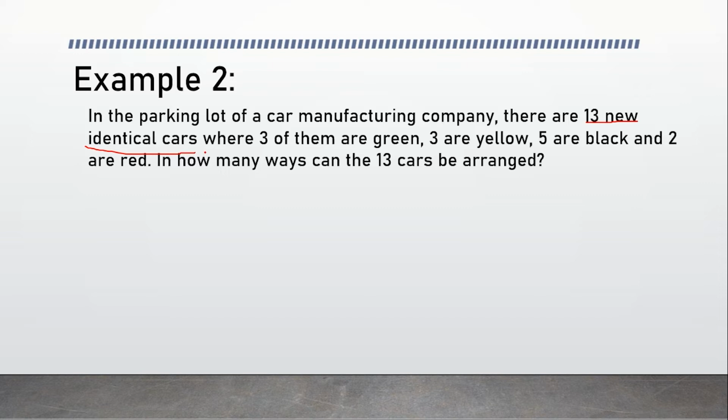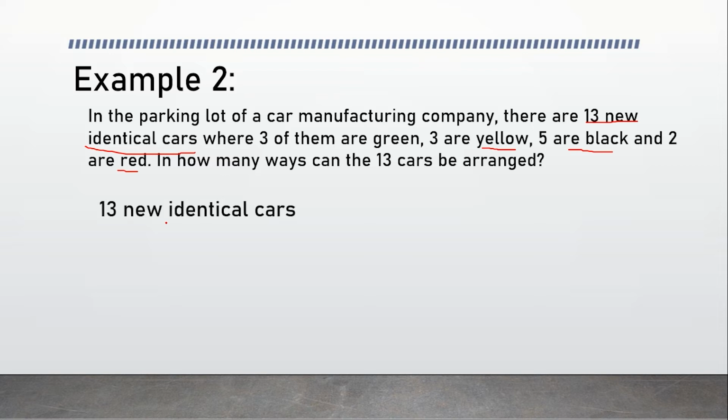Yung tatlo doon is green, tatlong yellow, 5 black, at meron tayong 2 red. We will identify the value of n, and since there are 4 colors, we will use n sub 1 up to n sub 4.